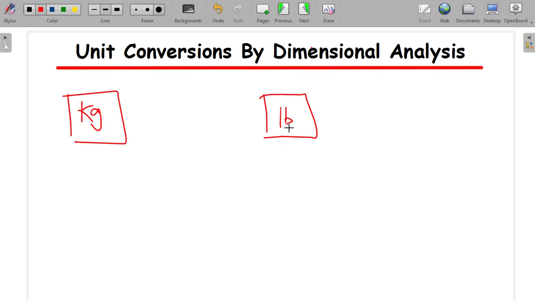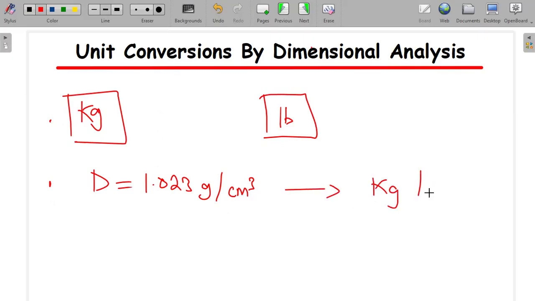Another example that we can convert using dimensional analysis is a measurement that has two units. For example, remember that density had grams per cubic centimeters. If the density is maybe 1.023 grams per cubic centimeter, and we want to convert this to kilograms per cubic meter, we see that this measurement has two units attached to it.